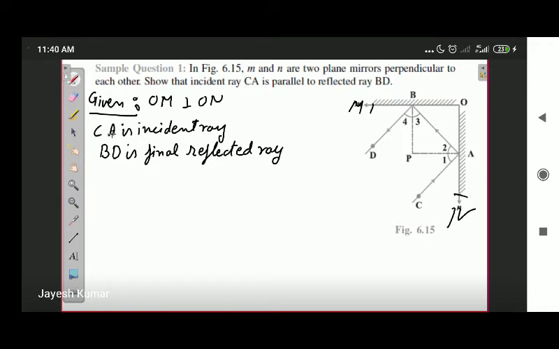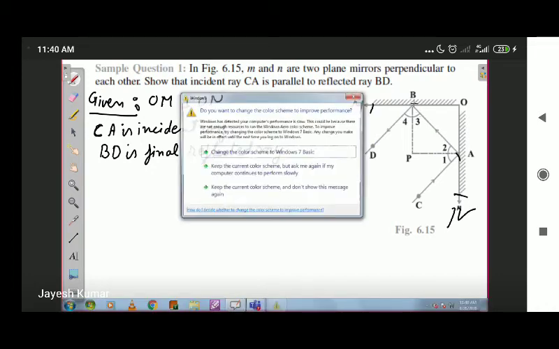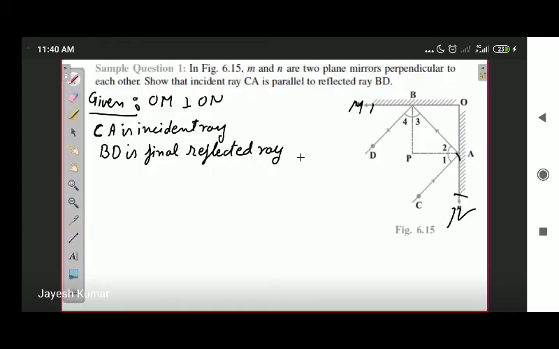So now like we did in that question, what we have to construct is we have to draw normals at the points of reflection. We have to draw two normals on both the points of reflection. Okay. AB is the reflected ray for point A, and AB is the incident ray for point B. Fine.